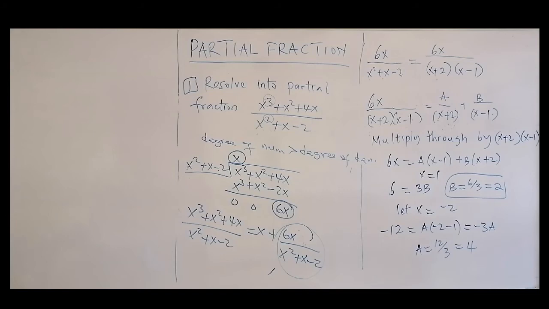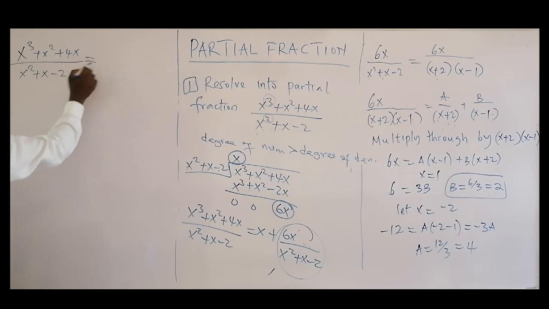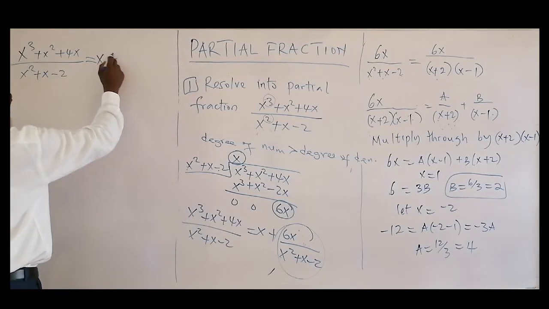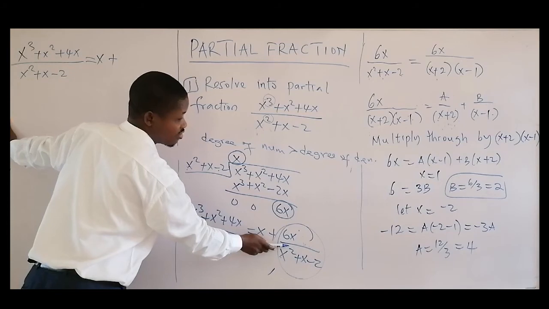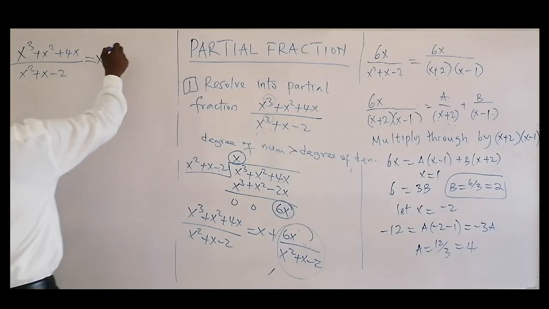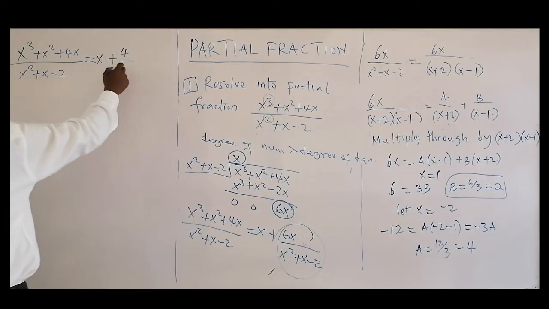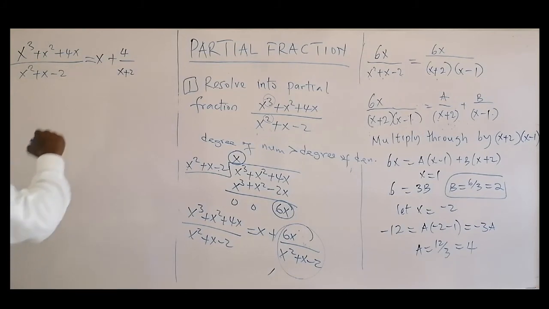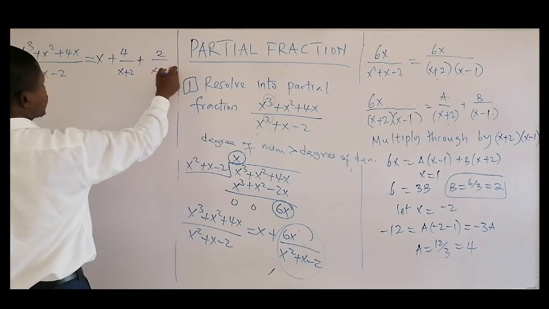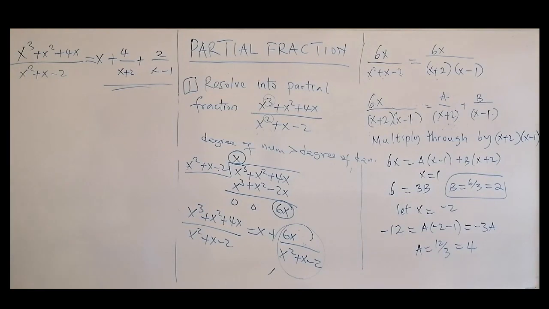Therefore the expression x cubed plus x squared plus 4x over x squared plus x minus 2 will be equal to your quotient x plus the fraction resolved into partial fractions: A, which is 4 over x plus 2, plus B, which is 2 over x minus 1. And that finishes that question.